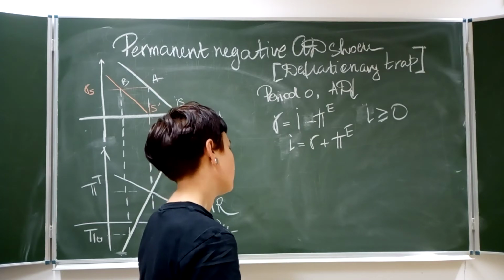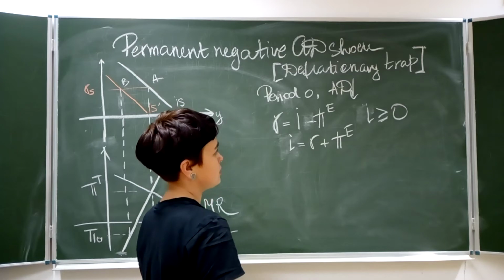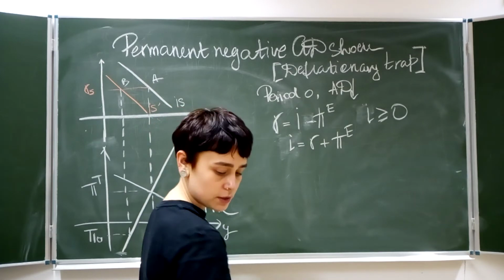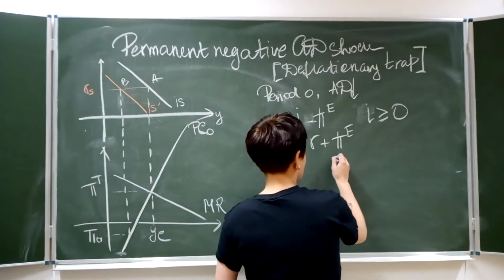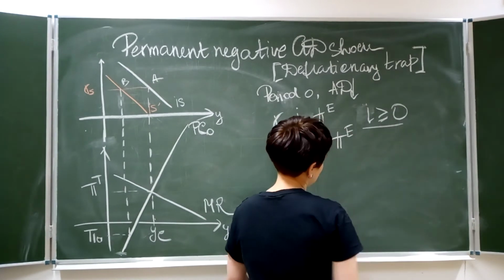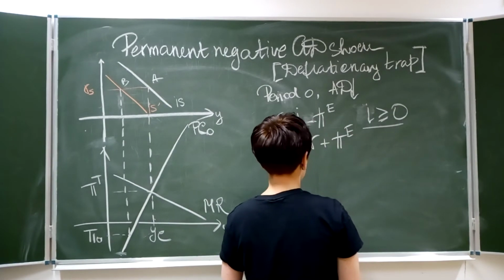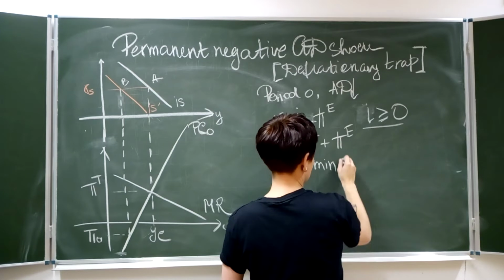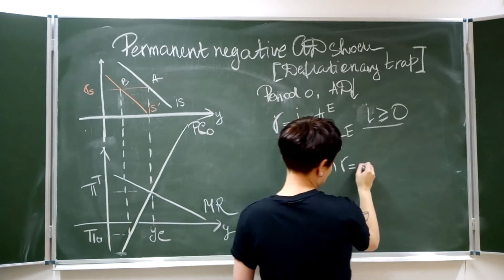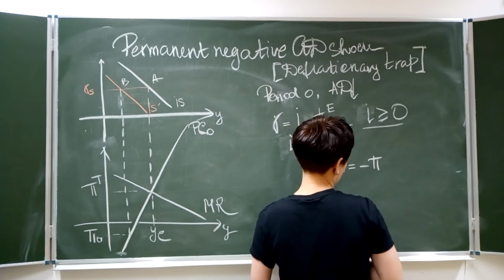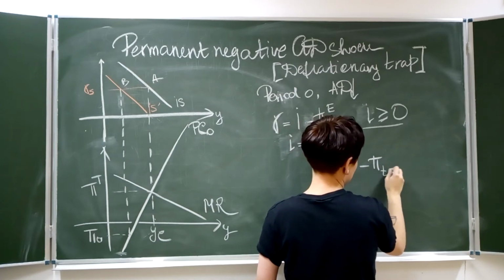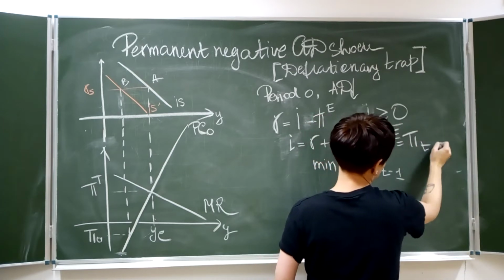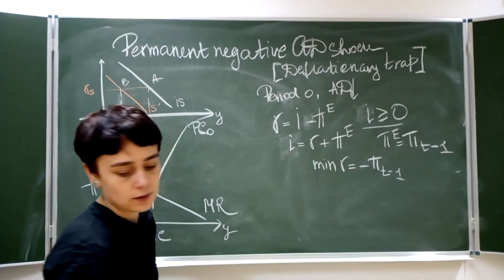If you go to the bank and you are told that at the end of the year you will get minus 5% on your bank account, probably you will just leave this bank immediately. So this is the idea. If we want the nominal interest rate to be at least equal to 0, then the minimum value of the real interest rate shall be the negative value of inflation in the previous period, because the expected level of inflation is just the level of inflation in the previous period, because of adaptive inflationary expectations.